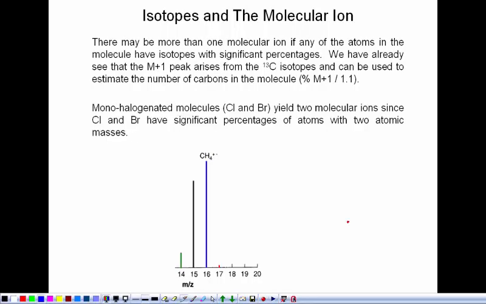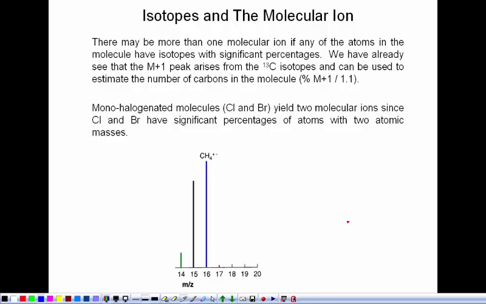Now, young Eli asked what the peak at 17 was, which is a good question. I said that the peak the farthest to the right was the molecular ion peak, but I ignored that little teeny tiny peak at 17. Well, in mass spectrometry, we have to take into account what are called isotopes.